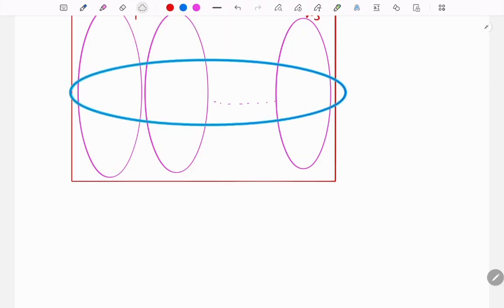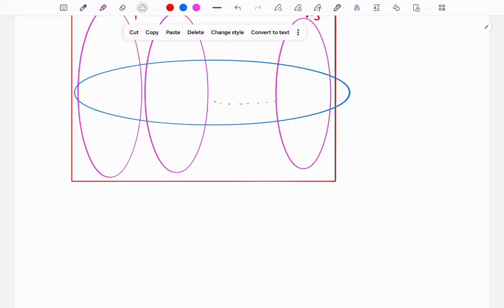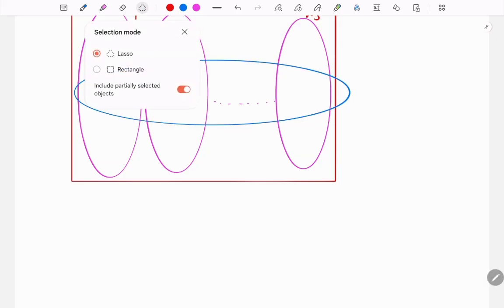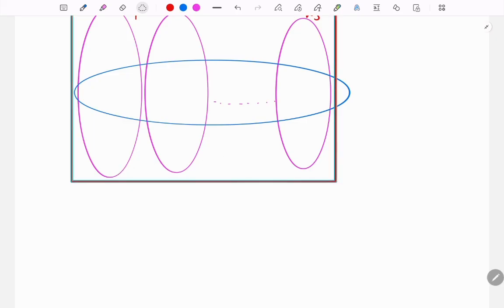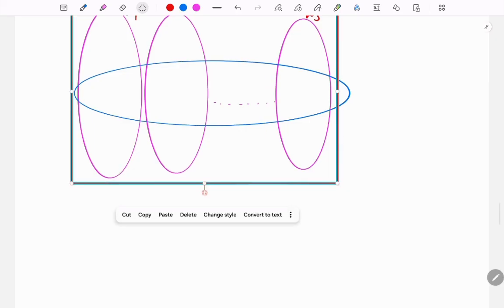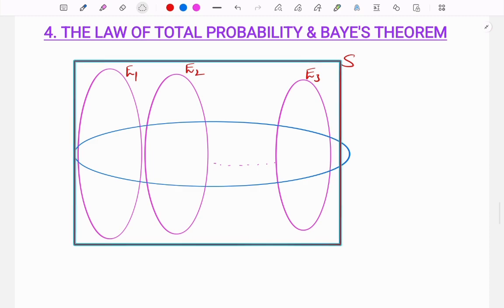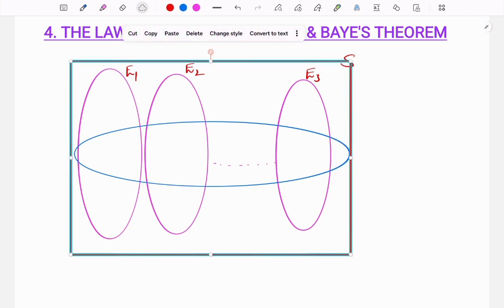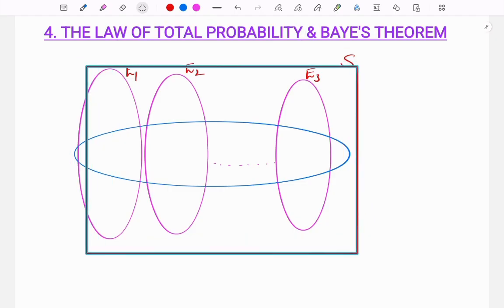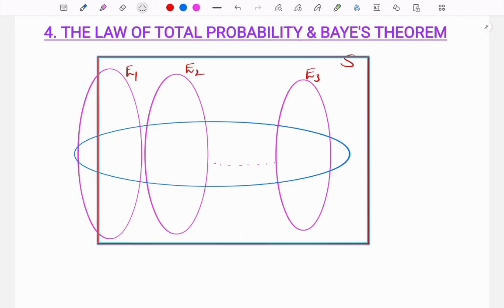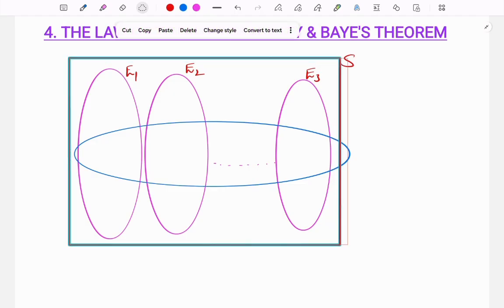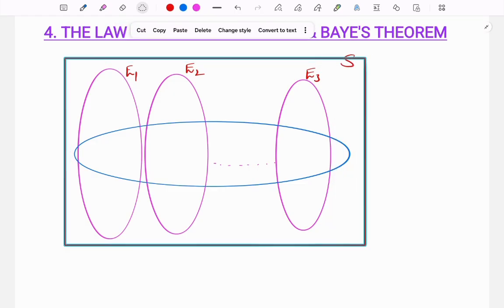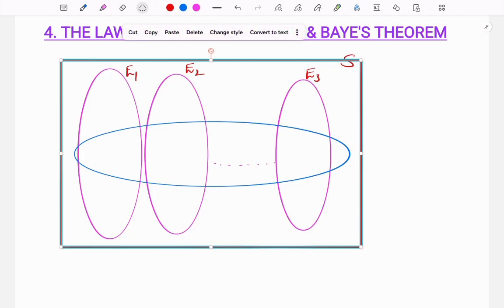Oh, it is exceeding, right? Then what we will do here is make it bigger.